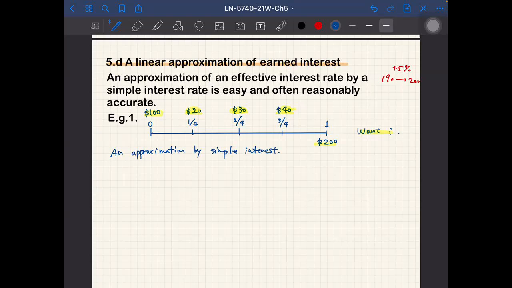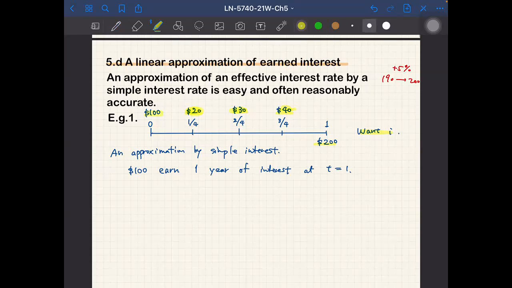So at first, $100 at time 0. $100 earns 1 year of interest, from time 0 to time 1. And the next, how about this $20?